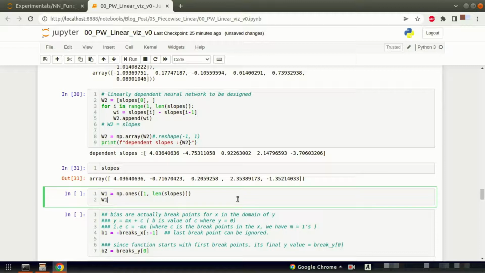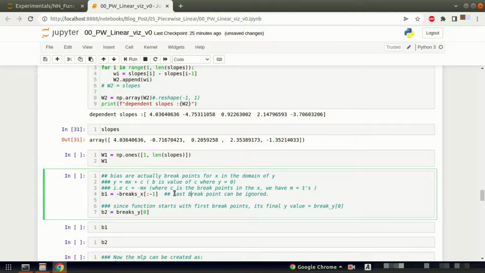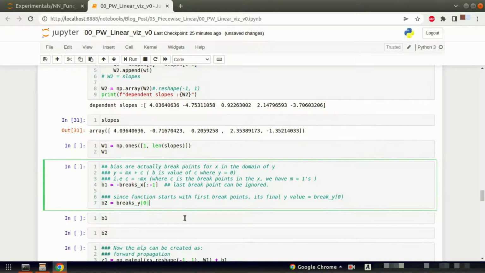For that we put the slope 1 for all neurons, and in the breaking point we start from the first neuron, the first breaking point, and we can ignore the last breaking point, and the shift up or down of the breaking point depends upon the first breaking point of Y.